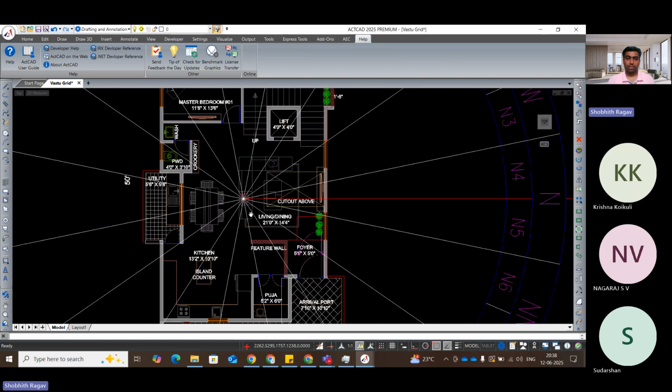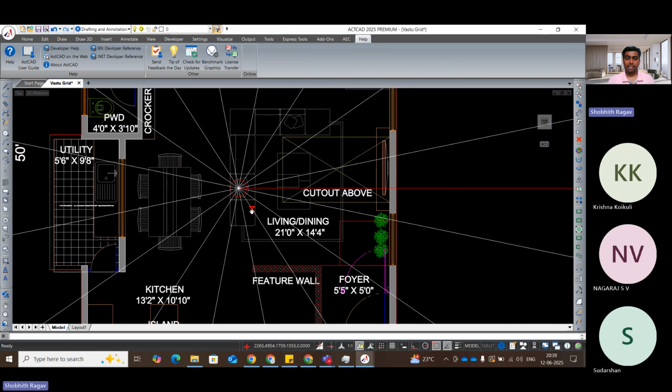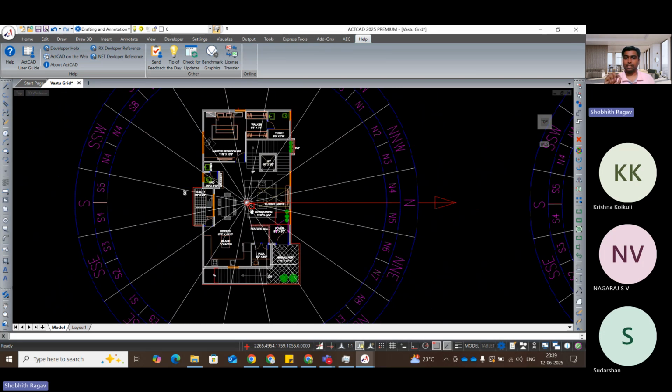Okay, understood. So just now I think we discussed, even before the class also. See, always the space is very intelligent. We can try to fool it, but when there is a confined space, the center of gravity keeps shifting. If you are cutting it here, it will shift further.